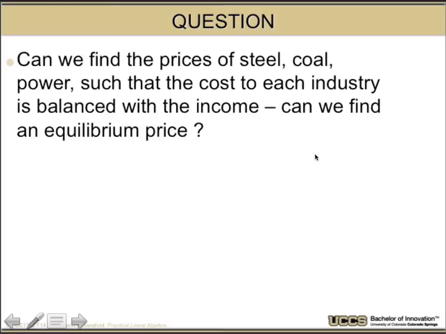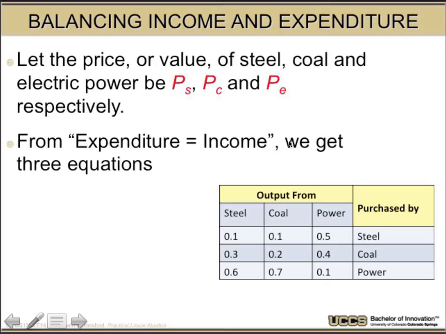As I said, this is really just an example of a much larger class of equilibrium problems. So if we let the prices of steel, coal, and electricity be given by P sub each of the different letters, and we start with the idea that expenditures equal incomes, we're going to get 3 equations. The price of steel depends on the price of steel, coal, and electricity.